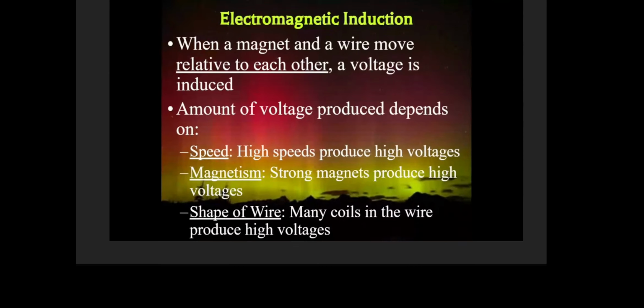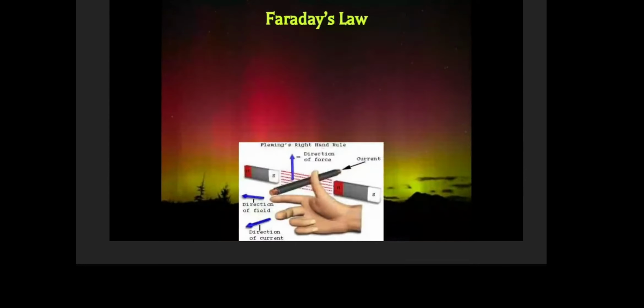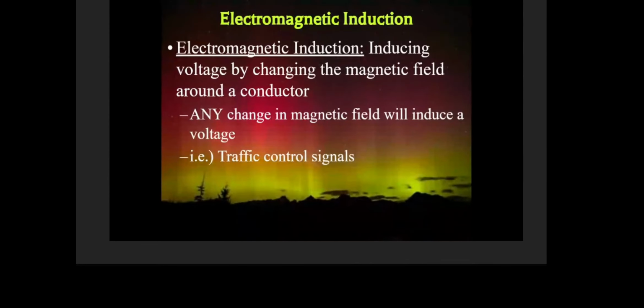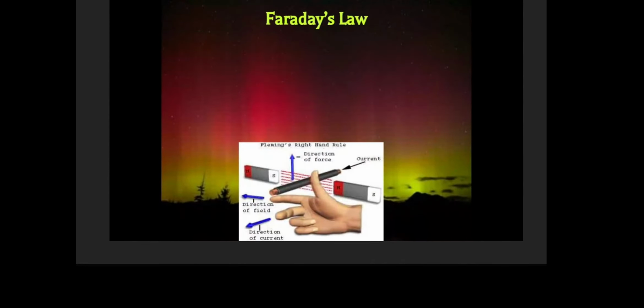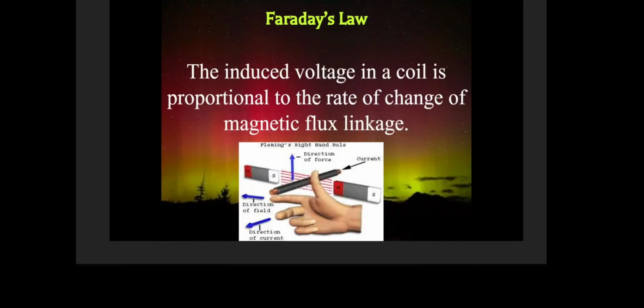The shape of the wire also matters: are we using a coil or just a straight line conductor? We're going to look at those effects now. There are two laws that govern electromagnetic induction. The first one is Faraday's law.